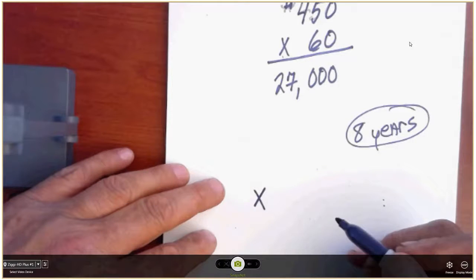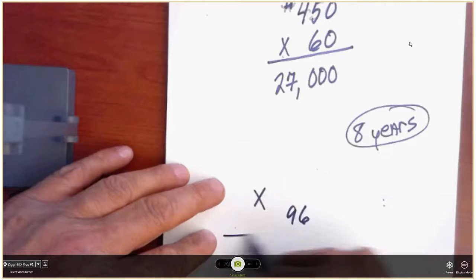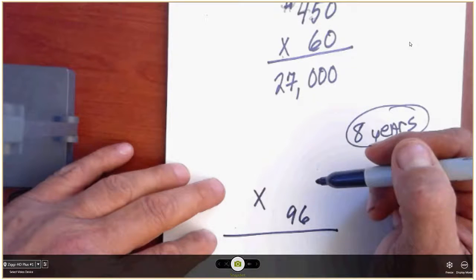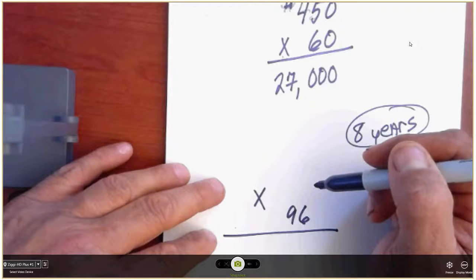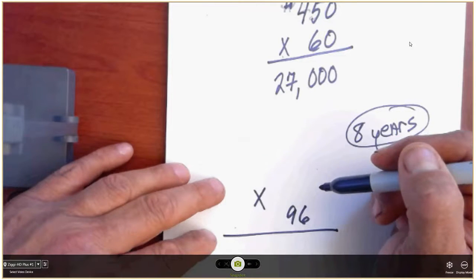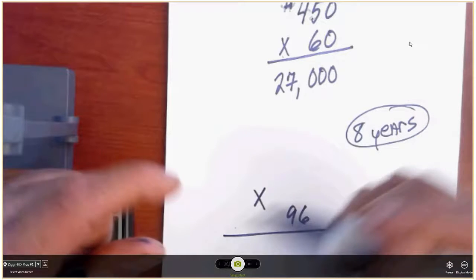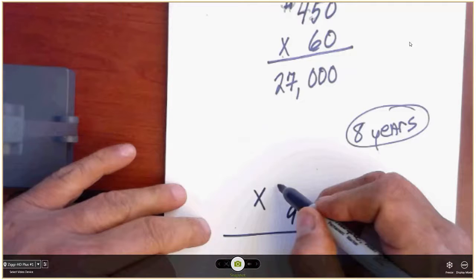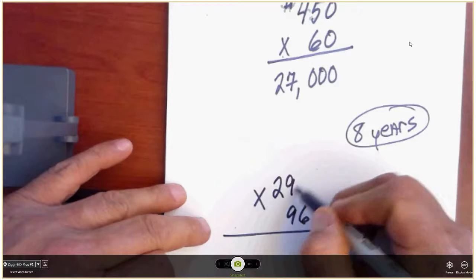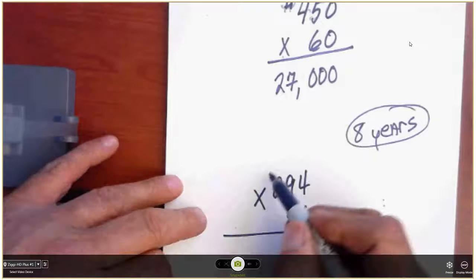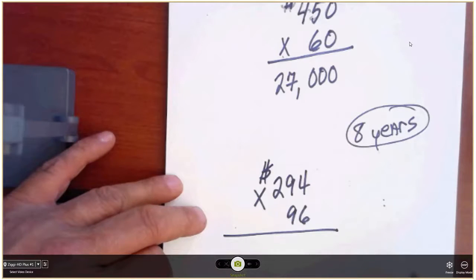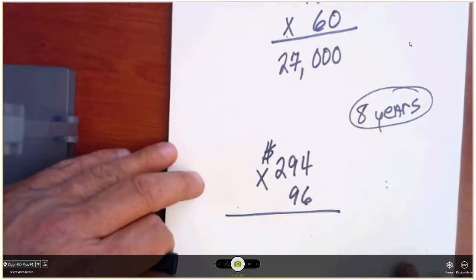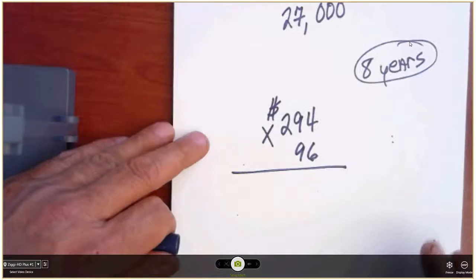Yeah, we're going to spread that out for her because we love her. 293, so $294 a month, because we love you. Now take $294 and multiply it by 96. You get 28,224.